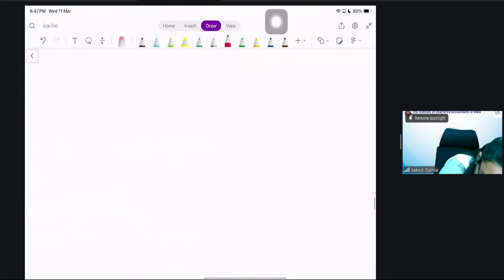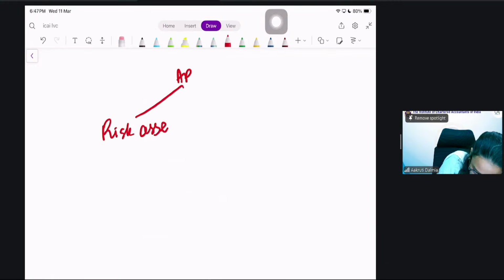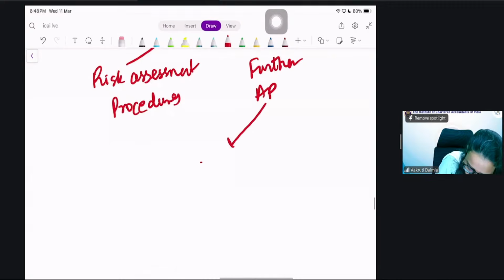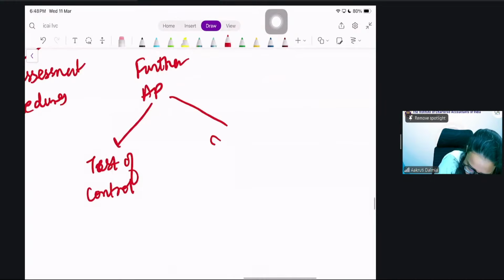To make you understand this part, first I have to remind you of something. Do you remember our basic flow chart? The basic flow chart of audit procedures was risk assessment procedure, then you do further audit procedures, then you do test of controls, and then you do substantive procedures.